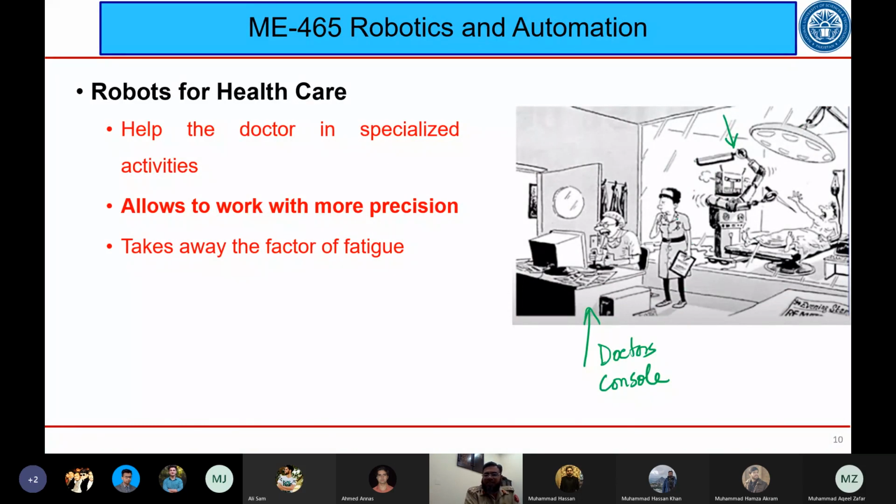You can see that probably the robot is not planned or not programmed properly, or rather the doctor has become angry with the patient, so this robot has started beating the patient. But this is how the surgery is going on. The doctor sits on the console, and the manipulators and the artifacts come in contact with the patient and they carry out surgery. So these actually help the doctors in specialized activity. They allow to work with more precision.